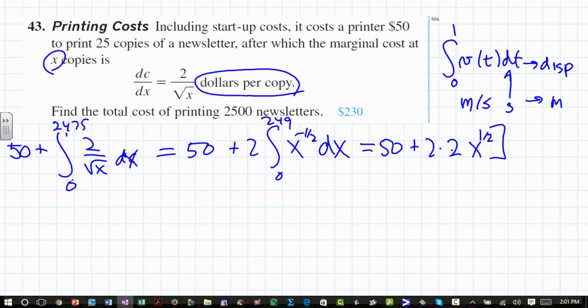And I'm going to evaluate that from 0 to 2,475. And so I'm going to end up getting 50 plus 4 times the square root of 2,475 minus 4 times 0.